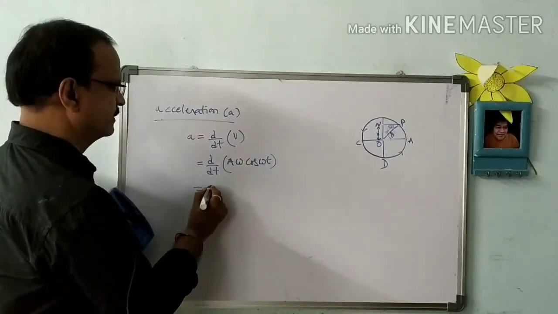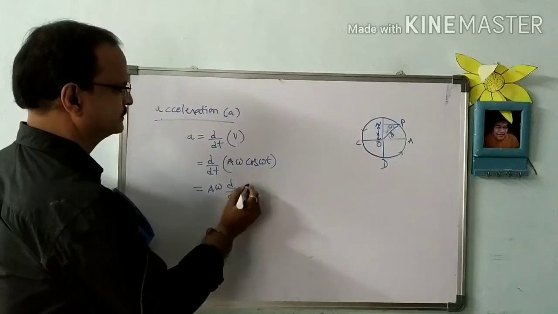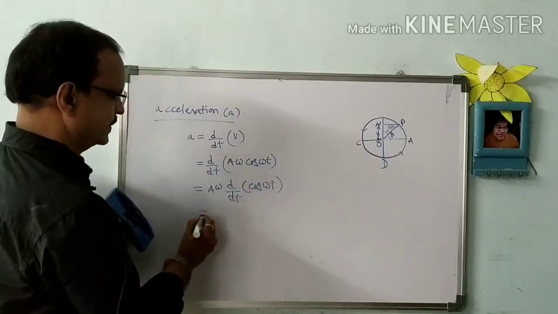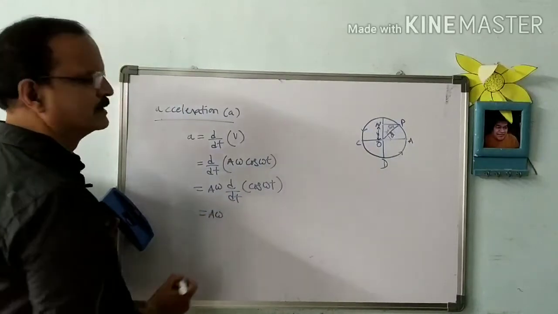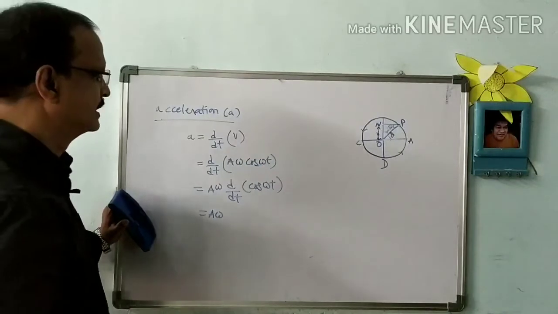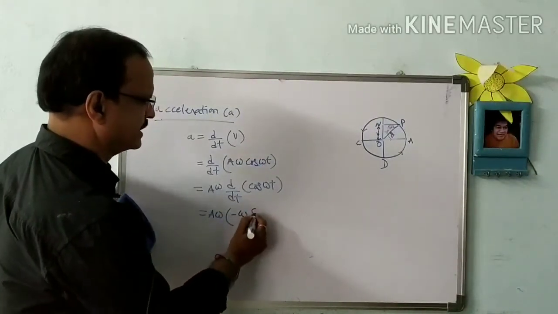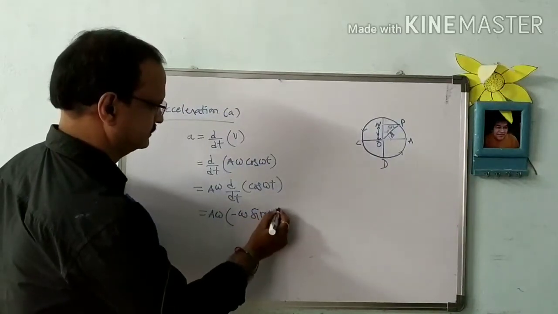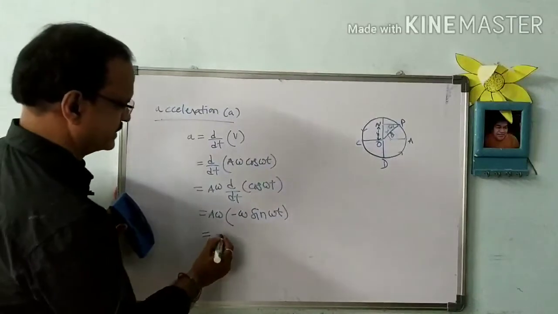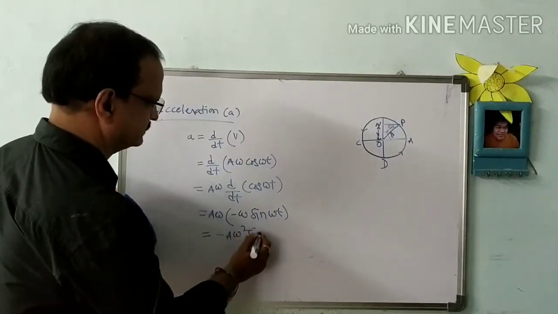So you can take A omega out, and d by dt of cos omega t we can write as minus omega sin omega t. So this is equal to minus A omega square sin omega t.